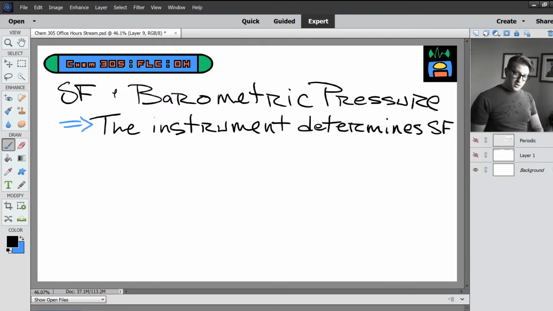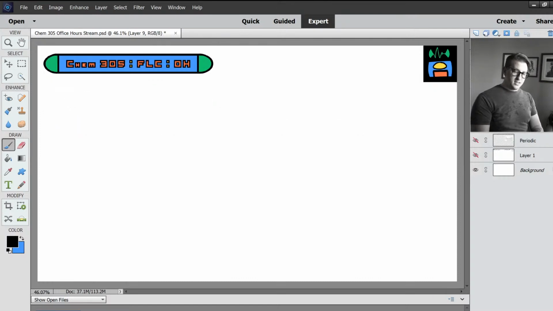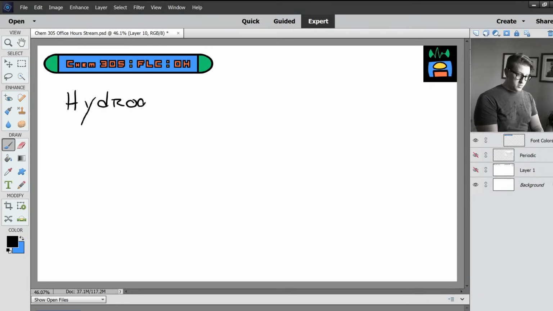Okay. Second question. Excellent. When it comes to hydrogen bonding, the lone pair can be anywhere.